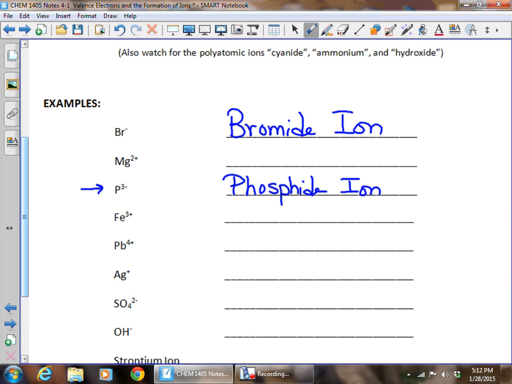Other ones get named with a Roman numeral, unless they're one of those 4 always true charges, which we'll talk about in a minute. Mg2 plus is in group 2A. Since it's in group 2A, remember in our rules, all we have to do is just name it magnesium ion.